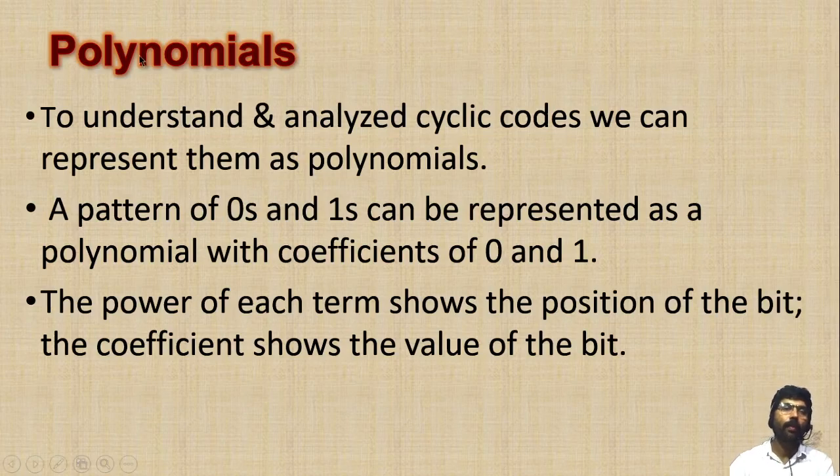Next one is called the polynomials. To understand and analyze the CRC or cyclic codes, we can represent them using some polynomials. Polynomials means a pattern of zeros and ones can be represented as a polynomial with coefficients of 0 and 1.